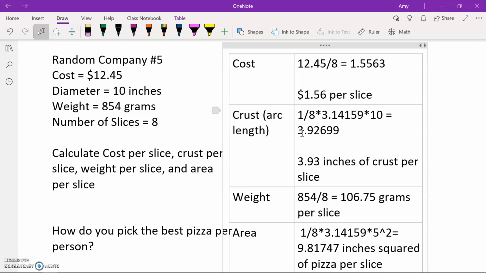If we wanted to make sure we had the right number of grams, then I might calculate, okay, if one slice is 106 grams, and I want everyone to have 165 grams, then everyone's going to have 2 slices of pizza. Well, how many pizzas would I have to buy to give everyone 2 slices? With this company, I might have to buy, I don't know, 10 pizzas to be able to give that. And will I be able to afford that many pizzas?